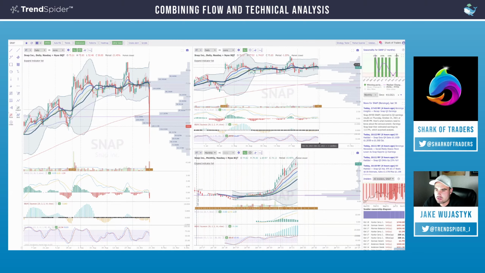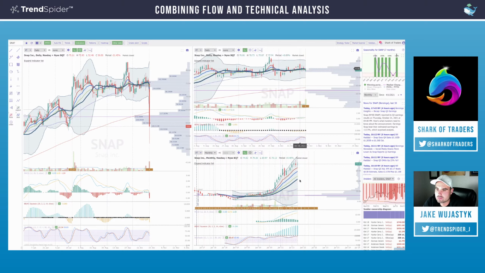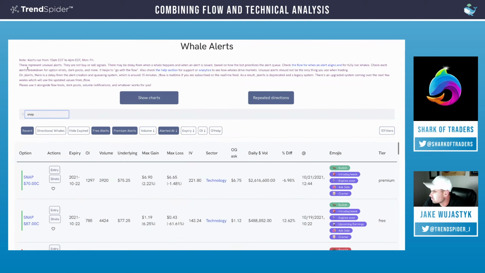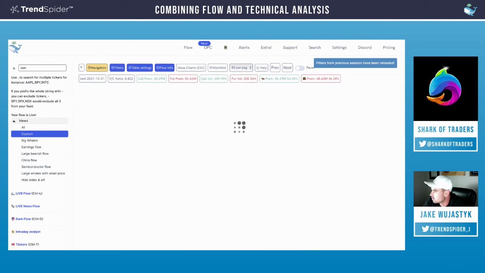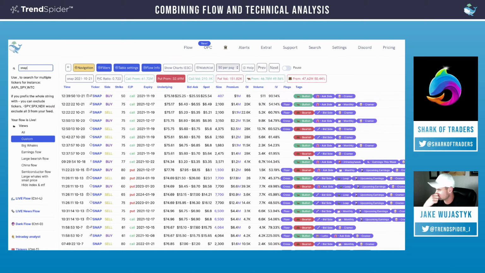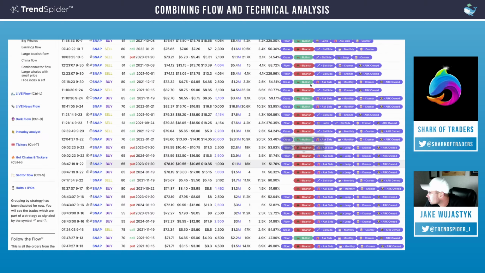But like I said, when this contrarian move came out and you looked into the flow of Snap, a lot of people were selling calls. Obviously that's probably bearish now, but a lot of people were selling calls even leading up to this. Look at this, and these are big money, and these are people buying.